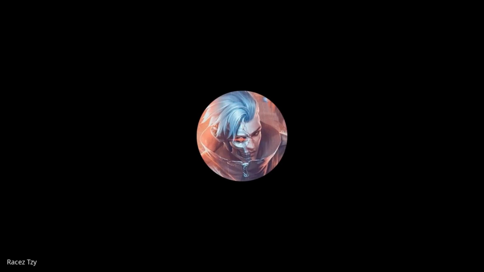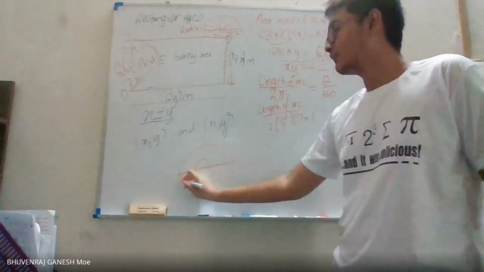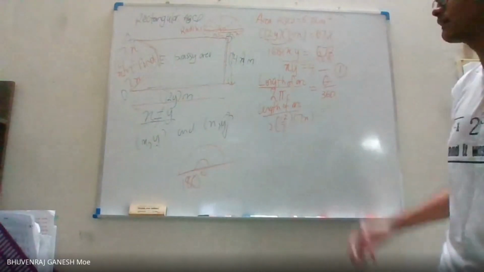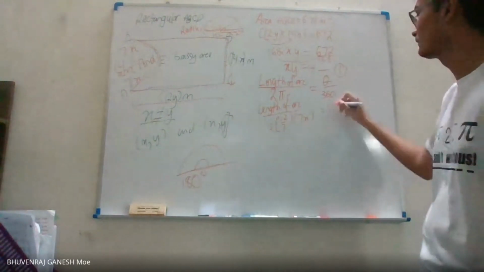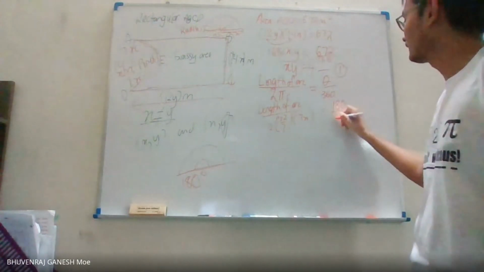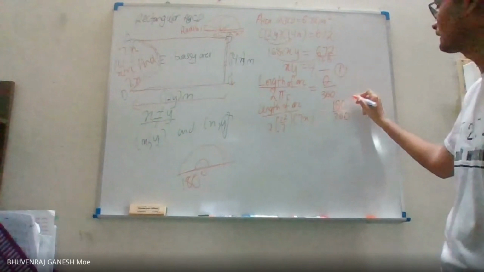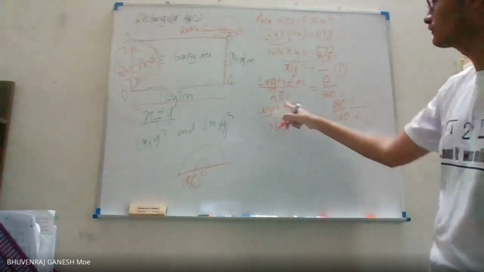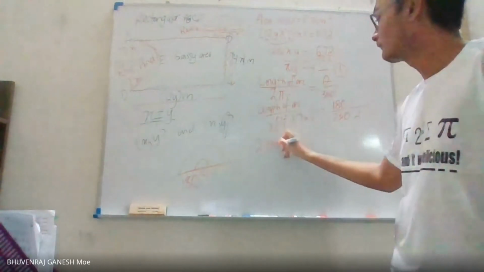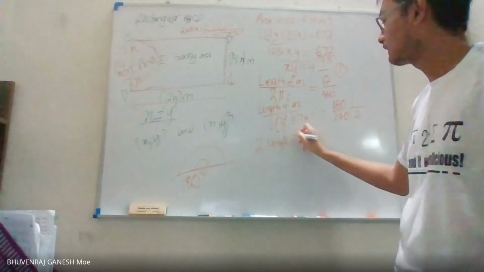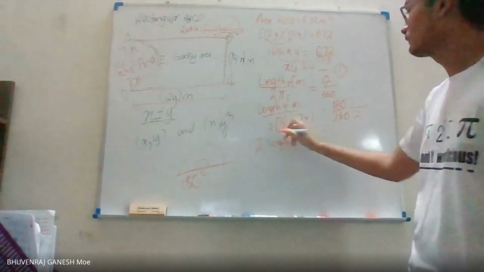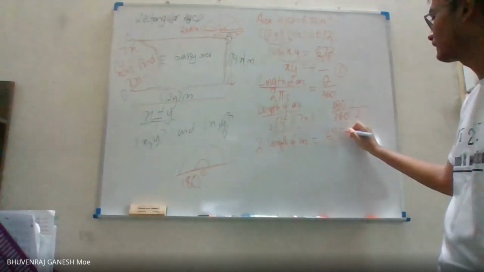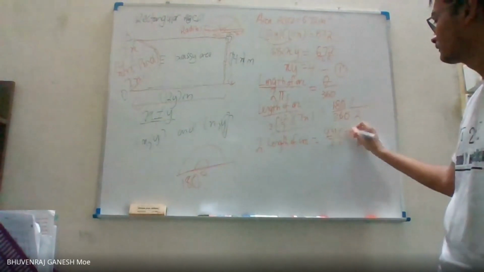This angle, oh, 180. 180, right? Because a semicircle, semi means half of the full circle, which is 360. So you divide like this. 180 and 360, you can simplify to 1 over 2. And then you cross multiply: 2 times length of arc is equal to all this, 44 over 7 times 7x. So you'll eventually get 44x.